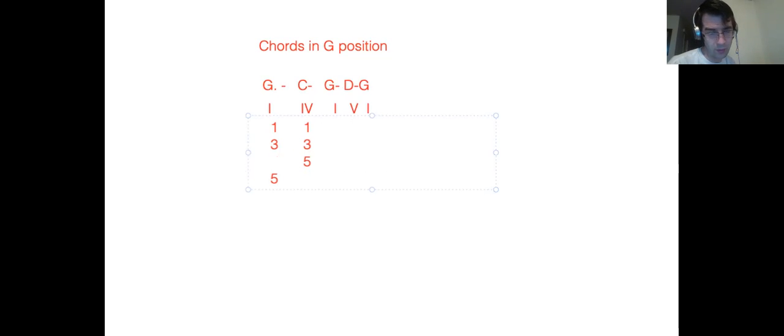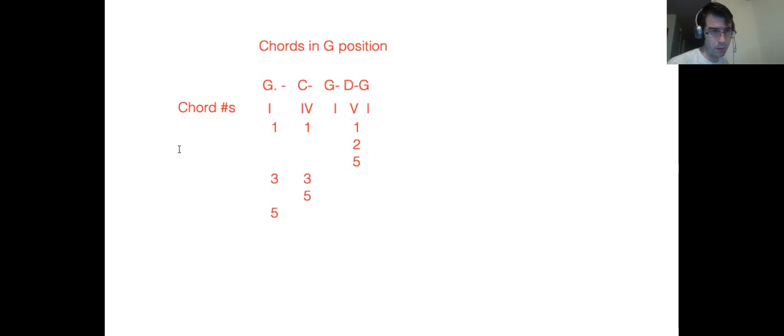So what I would do is I would just go 1, 2, 5. Here's the fingering for that. So these are chord numbers, or chord degrees.